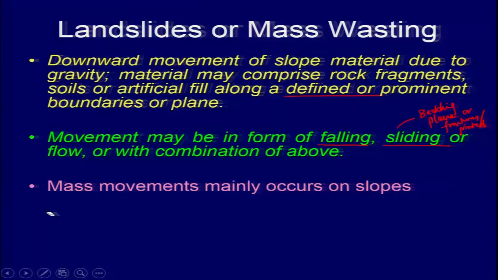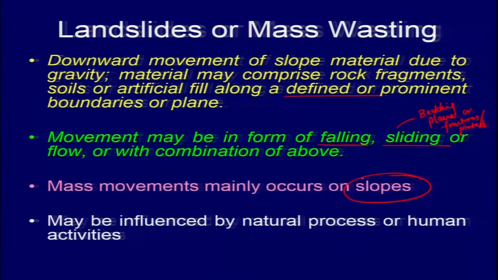So mass wasting, or the mass movement, mainly occurs on slopes. This is a very important parameter which you will have to take into consideration. It may be influenced by natural processes or human activities. Natural processes could be water. If you are having very heavy rain pouring down, then you may have issues with the material sitting on the slope.